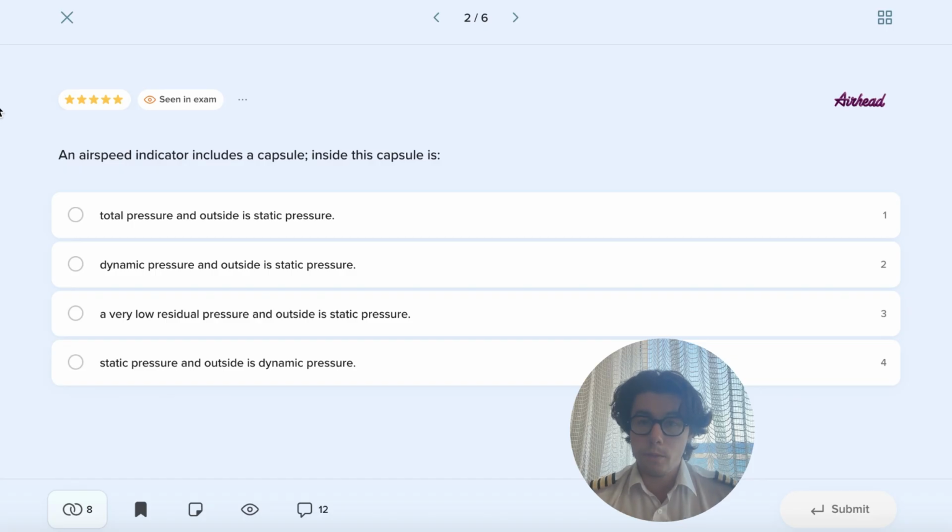The pitot tube measures the total pressure of air, and then it takes readings from static ports to subtract the static pressure from total to give us the readings of dynamic pressure, or simply put, our airspeed. So inside of this capsule, we have a total pressure and an outside static pressure, because total minus static gives us dynamic pressure.